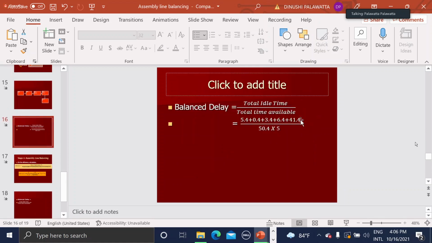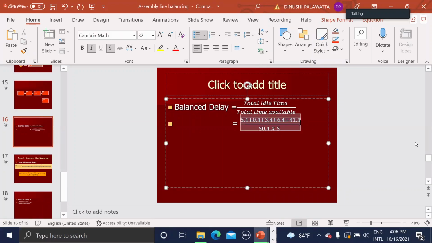So that's how you get 5 workstations. And then, when we simplify this, what is 57 divided by 252?